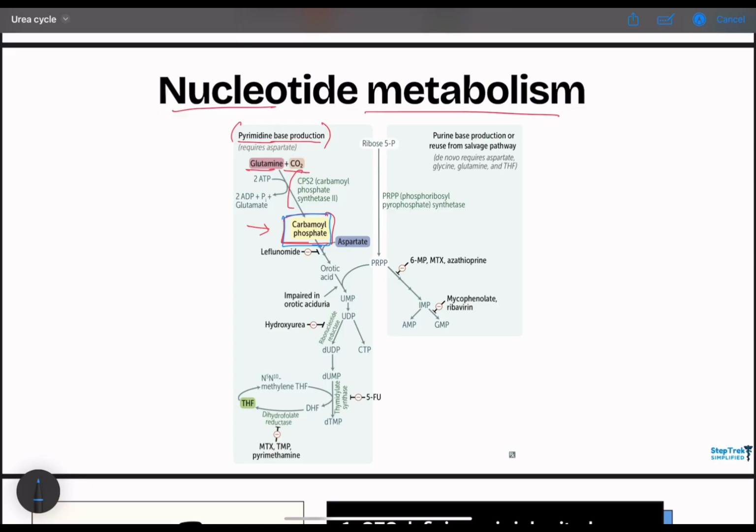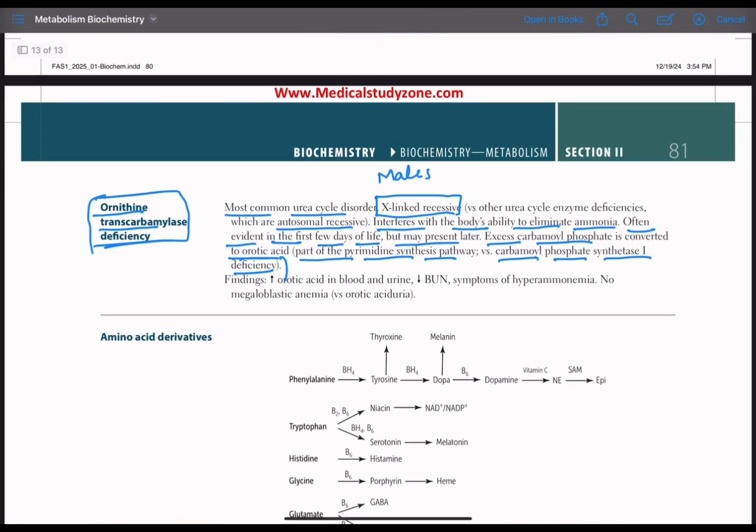So this excess carbamyl phosphate will be converted into orotic acid. So we will have high levels of orotic acid in blood and urine. We will have low levels of urea because the urea cycle is disrupted, and symptoms of hyperammonemia. No megaloblastic anemia, versus orotic aciduria.